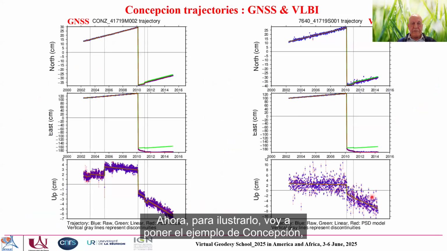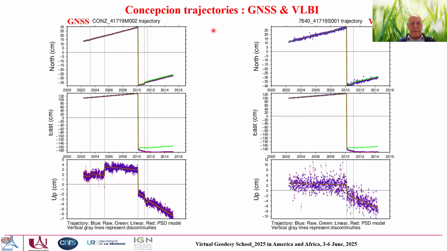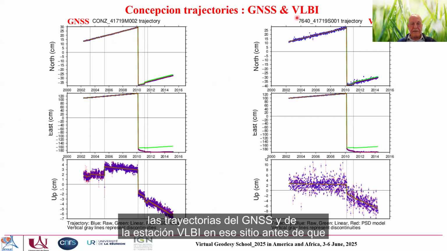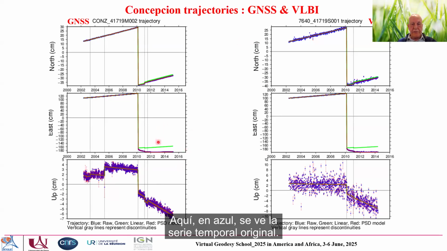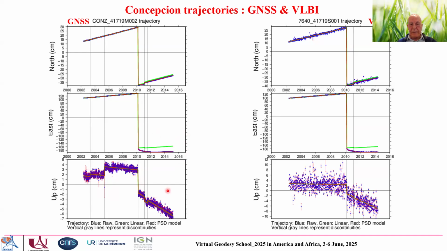Now, just to give you an illustration of that, I take the example of Concepcion, the trajectories of the GNSS and the VLBI stations at that site before it moves to La Plata in Argentina. This is the TIGO system, actually. So here in blue, you see the original time series.